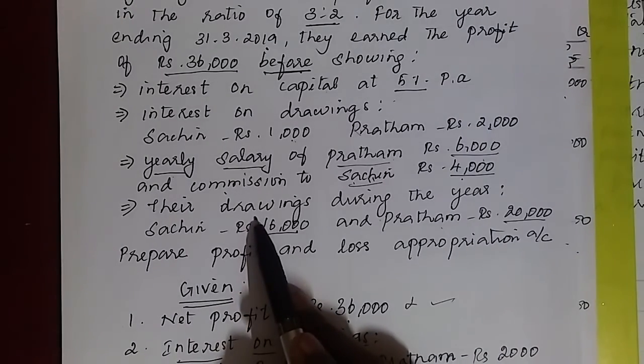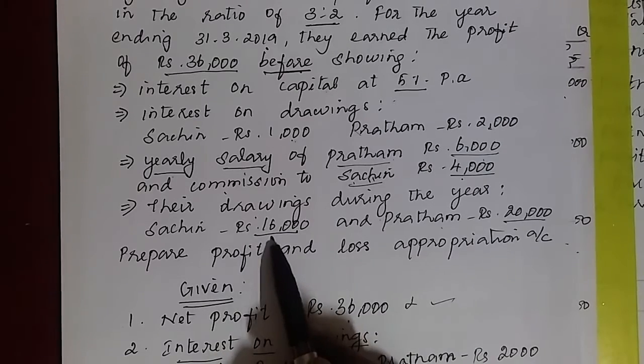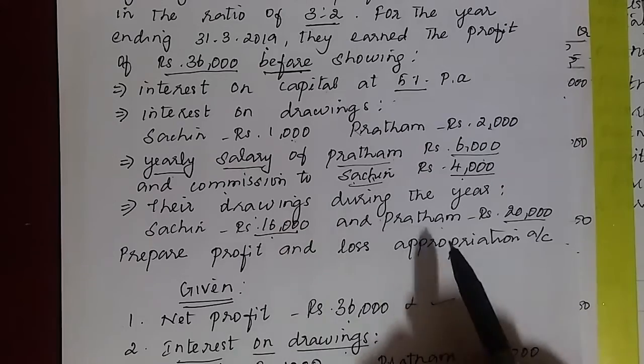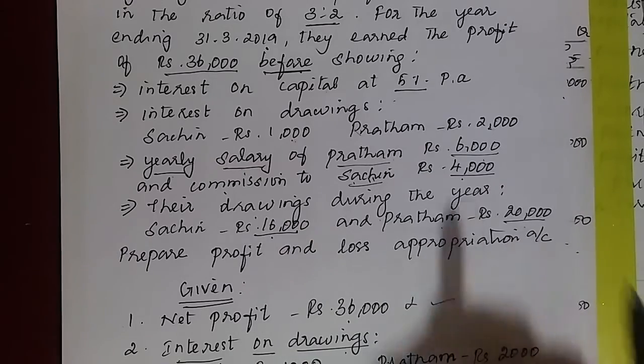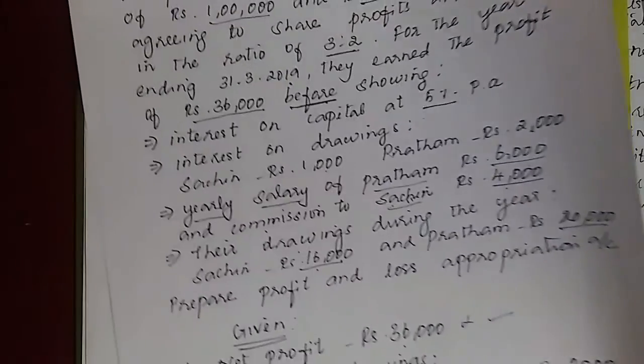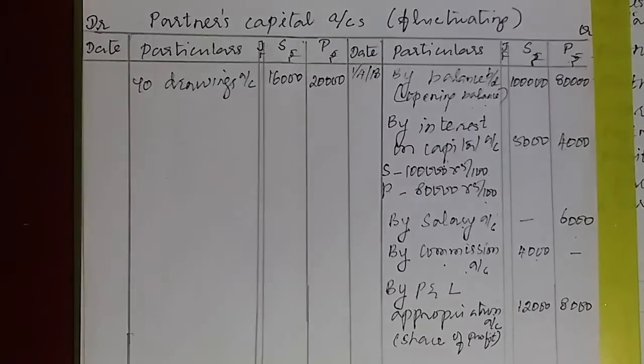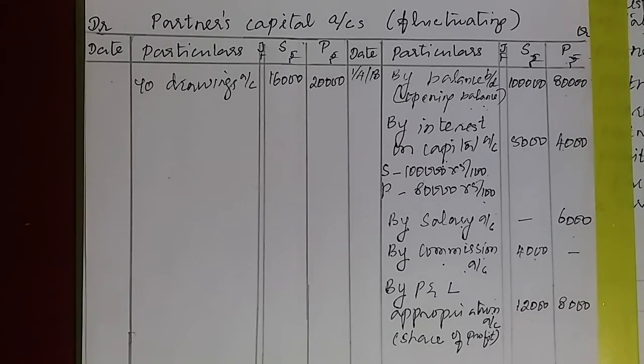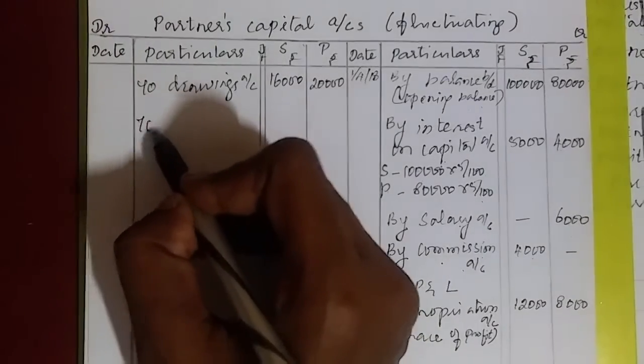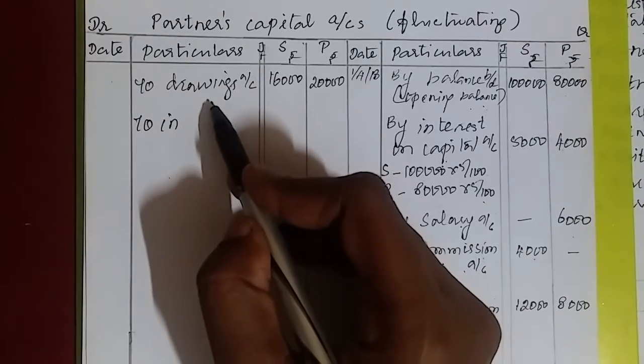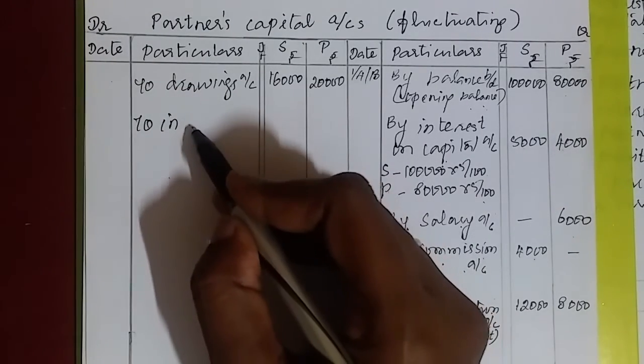When I explained this, I mentioned this is only to be posted to the partners capital or current account. Sachin's drawing is 16,000 and Pratham's is 20,000. This drawings we have not used in P&L appropriation. We are using this in the partners capital account. It is a debit balance, so we show this on the debit side.